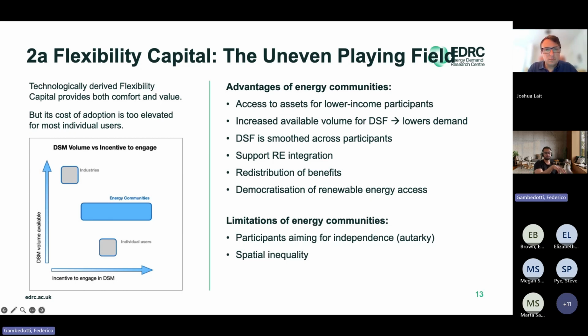And so having them grouped as an energy community can create a larger volume. There is also the opportunity to smooth the demand profiles across different participants. So overall, energy communities are a great example of how demand-side flexibility and equity can work together.